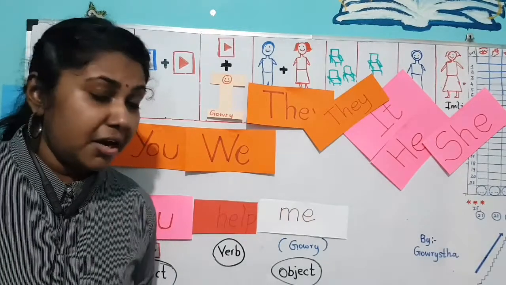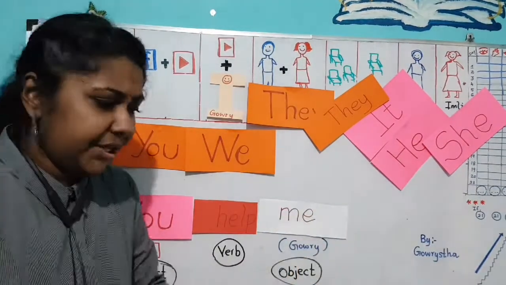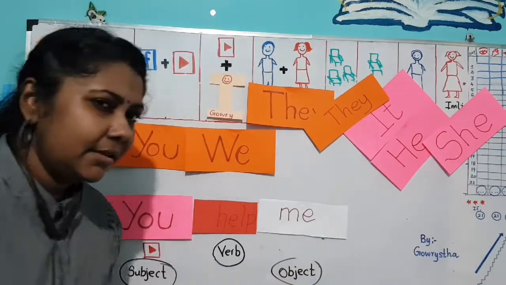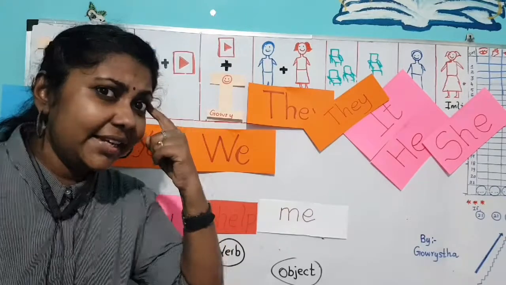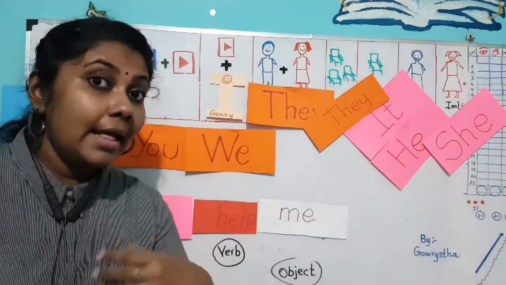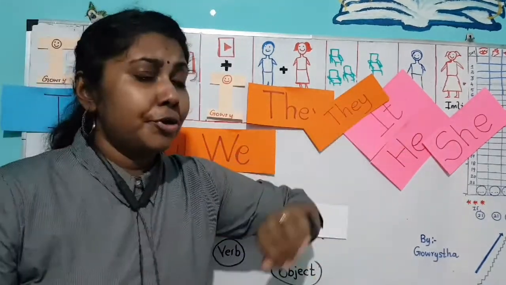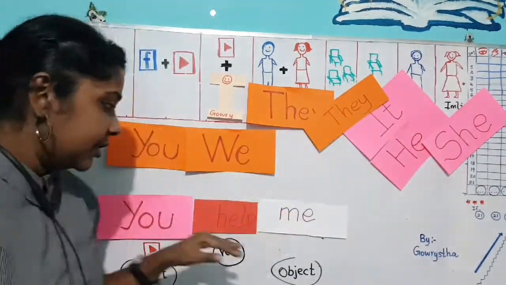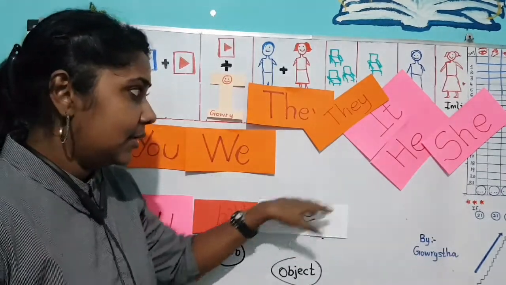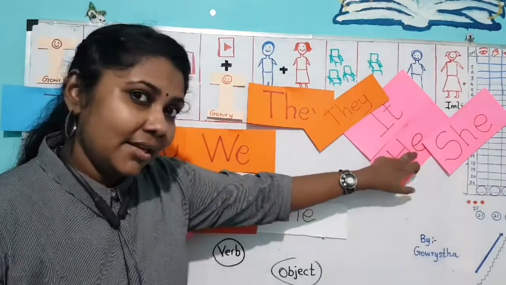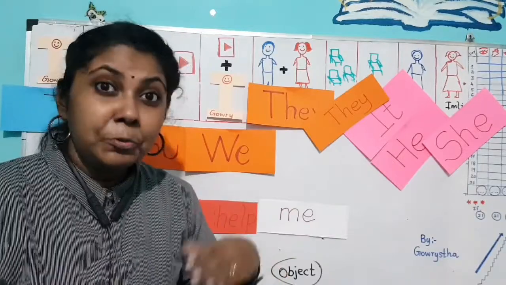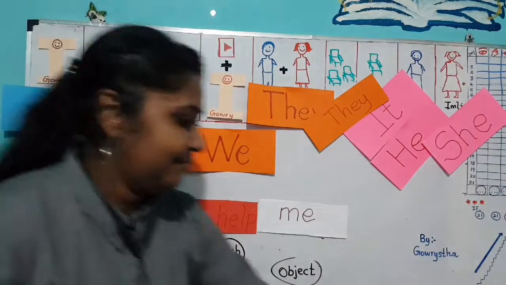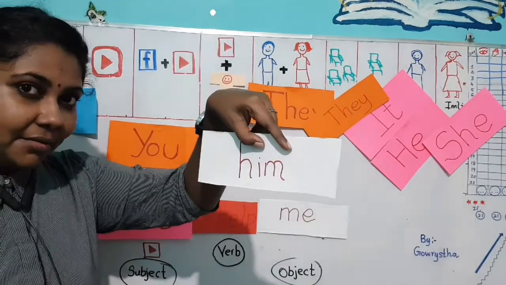Now. No Gauri. Okay. Think. You help Raj. He. Raj. You help he. Good. You help him.